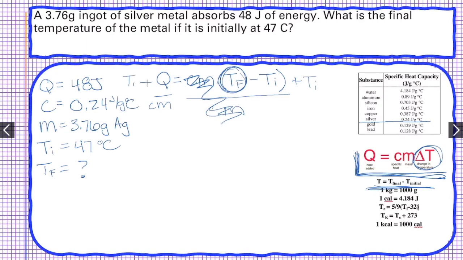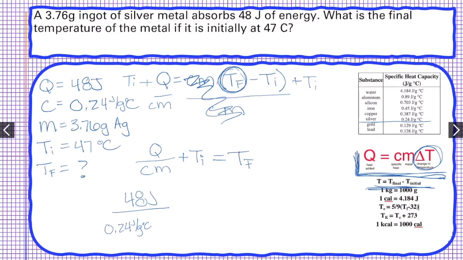This is getting kind of messy, so I'm going to rewrite this down here. So I have my Q divided by Cm plus my initial temperature is going to be equal to my final temperature. Okay, so now let's go ahead and plug in all the values. I have 48 joules divided by my specific heat, so 0.24 joules per gram degree Celsius.